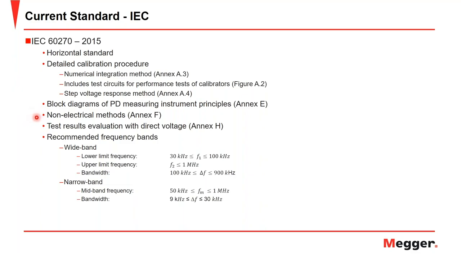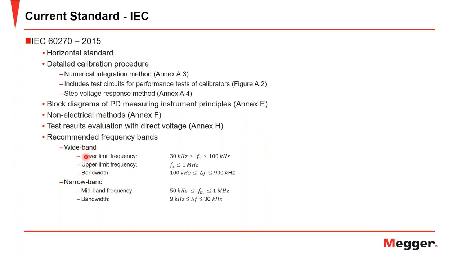Annex F has non-electrical methods. Annex H covers some test results with evaluation with direct voltage. And then the IEC 60270 has recommended frequency bands. This is what we were talking about earlier, when all the electrical methods use a bandpass filter to choose their frequency bands.